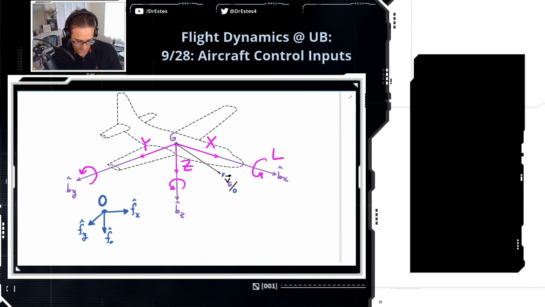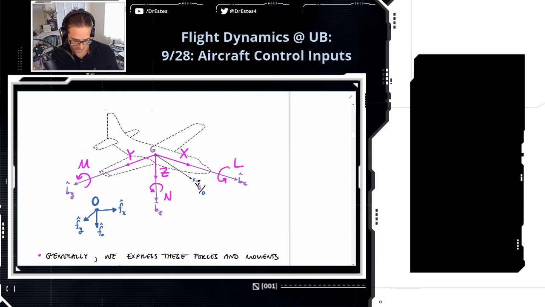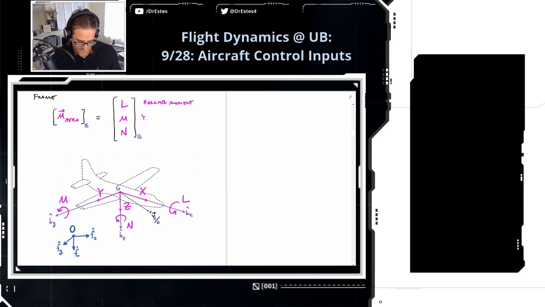We have M going about the y-axis. So this is the pitching moment. And then N, we have about the z-axis, so that should be the yawing moment. It produces a yaw motion. All right, so we'll go back up here. M is the pitching moment. N is the yawing moment.